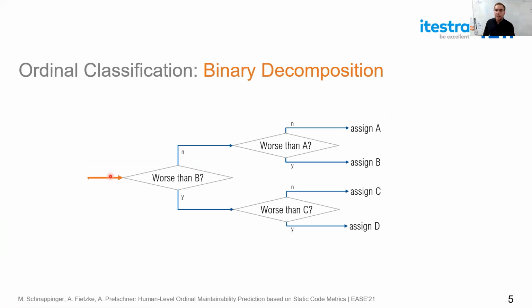And then if the classifier predicts that it is on the bad side, we can use a second classifier to distinguish bad from very bad code. And we can do this for the second branch here just as well. And that actually has some nice opportunities, because it has, first of all, the possibility to optimize each step individually.